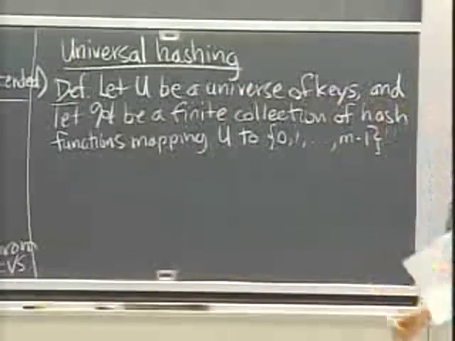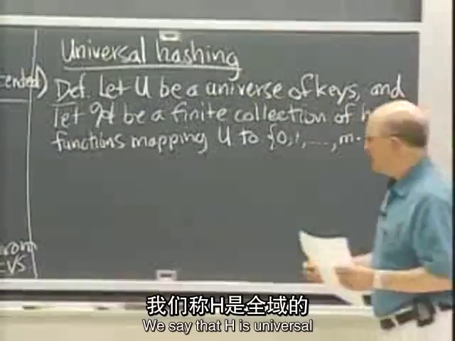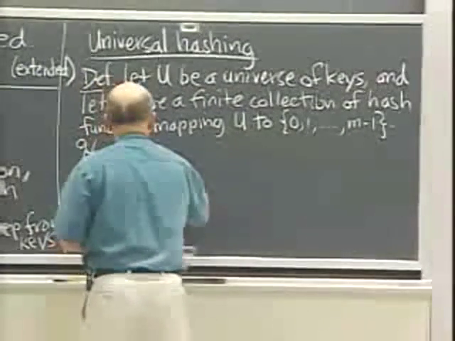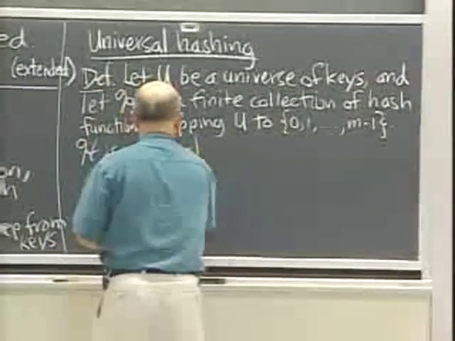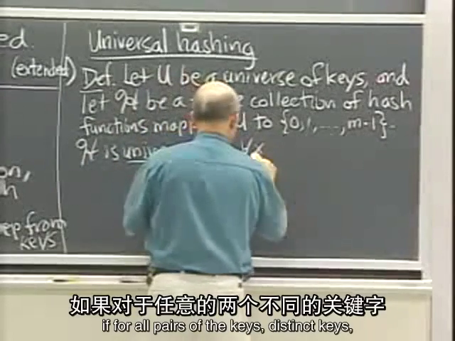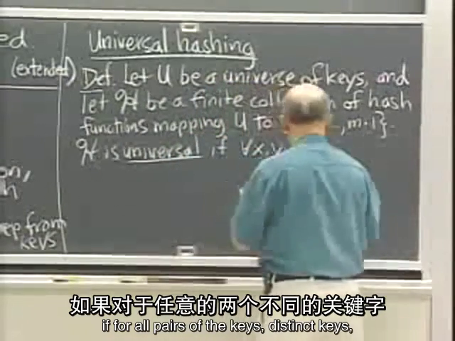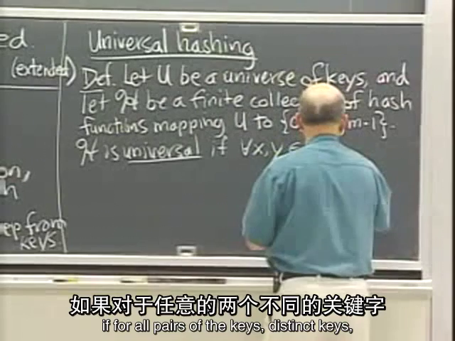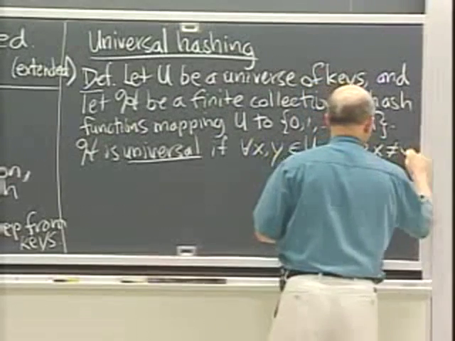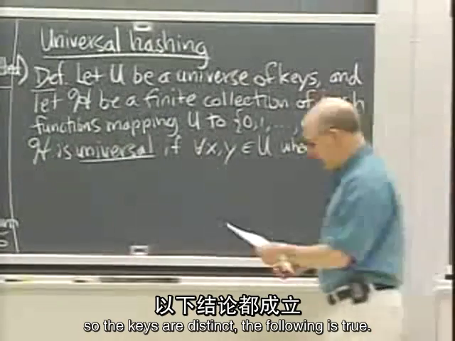So H is some finite collection. And we say that H is universal if for all pairs of distinct keys, the following is true.